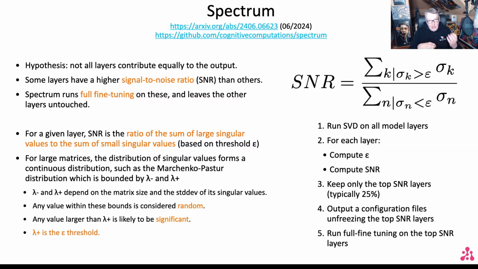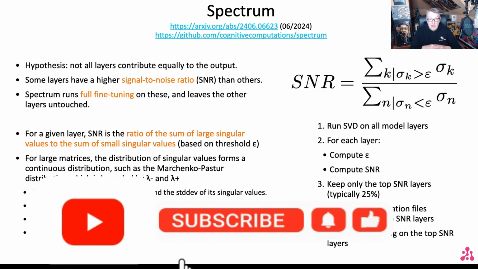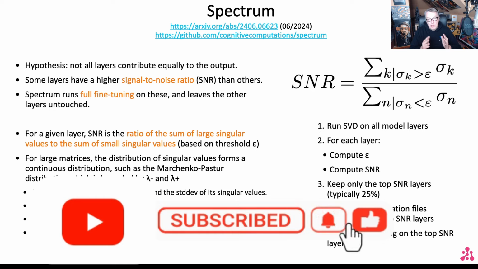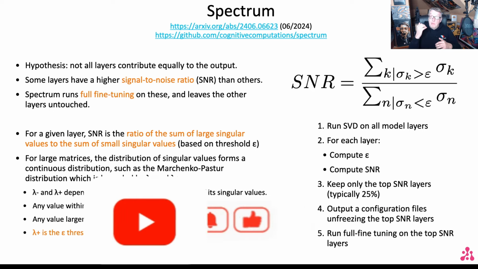If you see high singular values for a layer, it means those dimensions have a disproportionate contribution to the output. And so these are the ones you want to fine tune, and not the other ones which have a negligible impact, which is a very reasonable split, right?